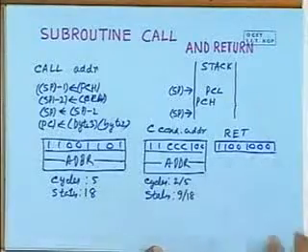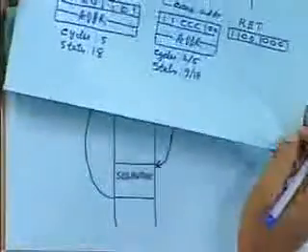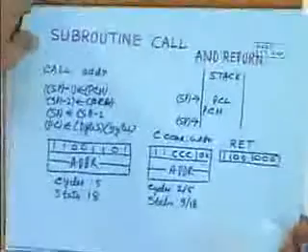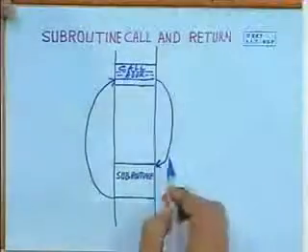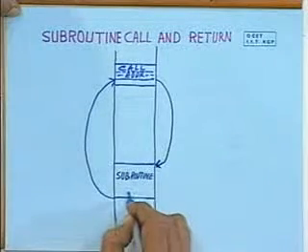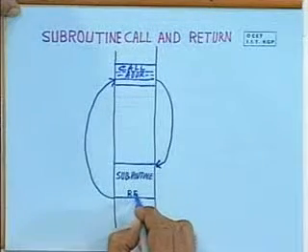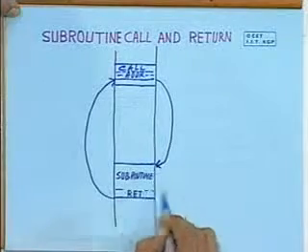What happens because of this? Whenever this return instruction is executed, at the end of each subroutine you must have a return instruction.